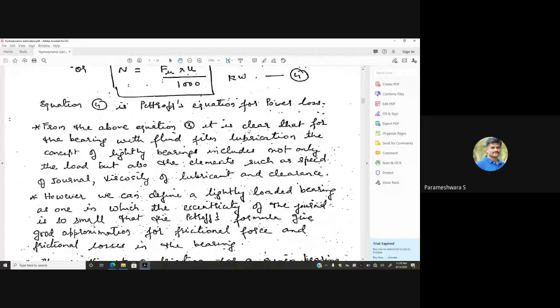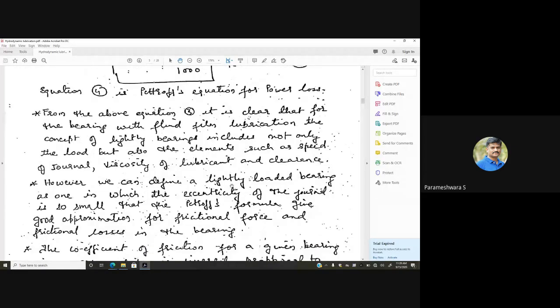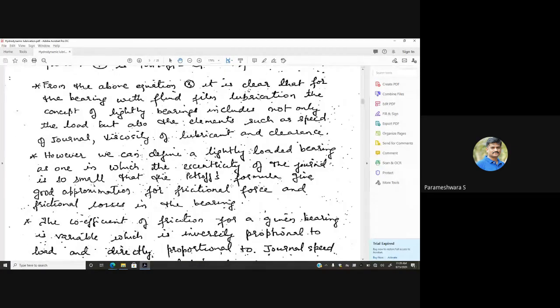From the above equation 3, it is clear that for a bearing with fluid film lubrication, the concept of a lightly loaded bearing includes not only the load but also elements such as the speed of the journal, viscosity of the lubricant, and clearance. However, we can define a lightly loaded bearing as one in which the eccentricity of the journal is so small that Petrov's formula gives a good approximation for frictional force and frictional losses.